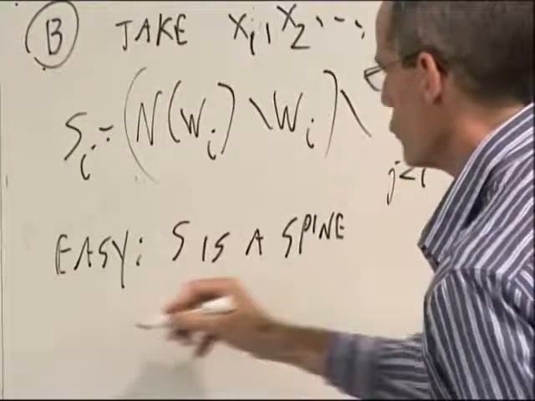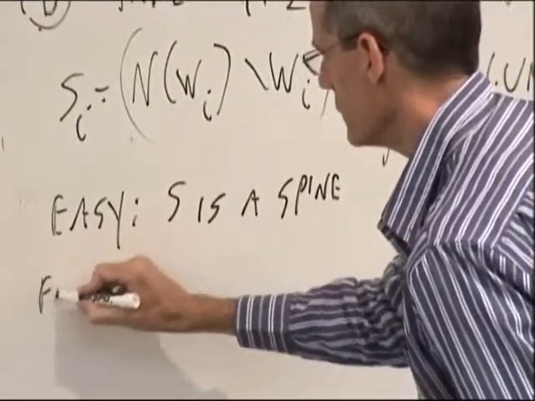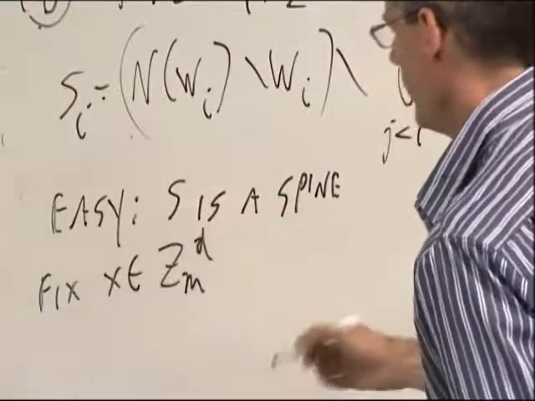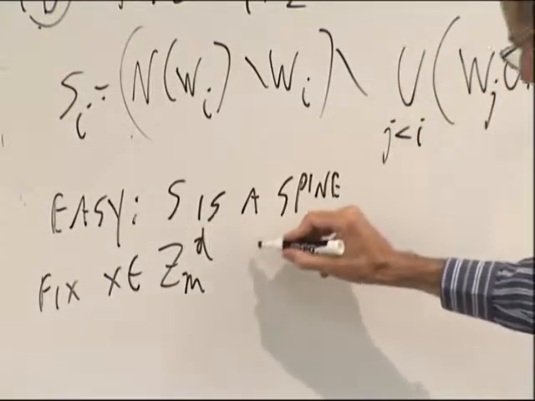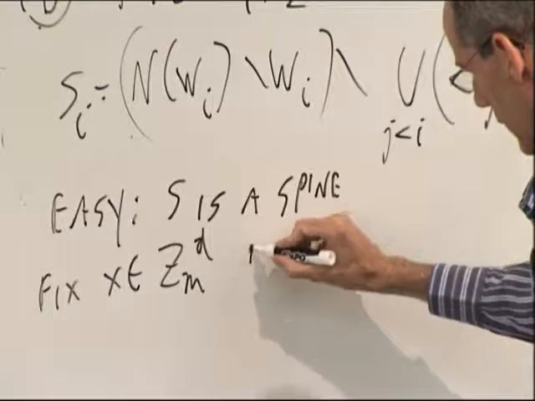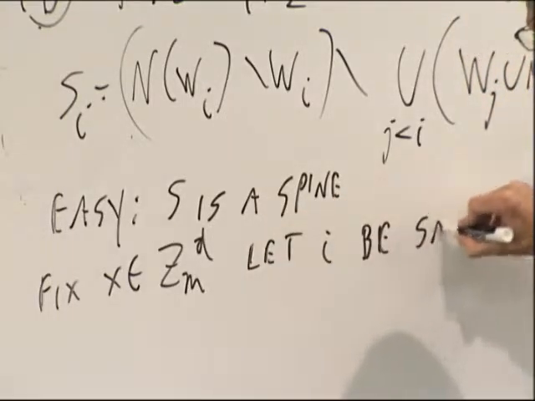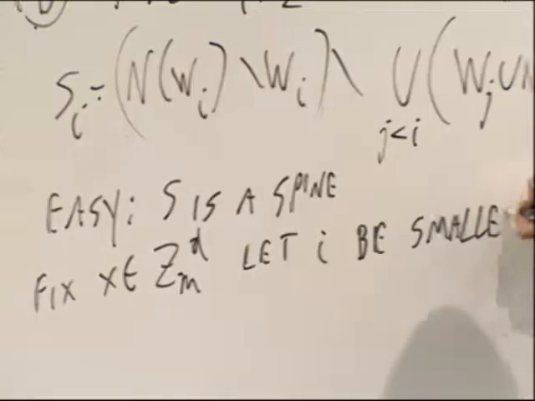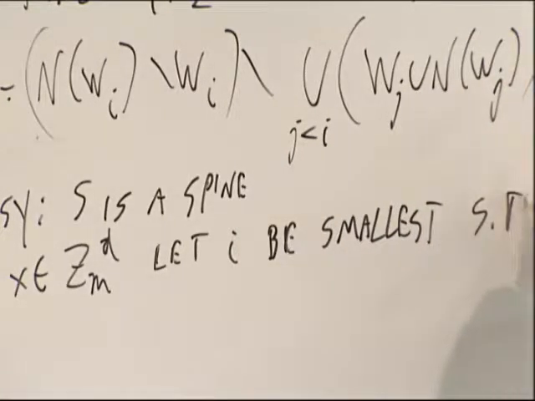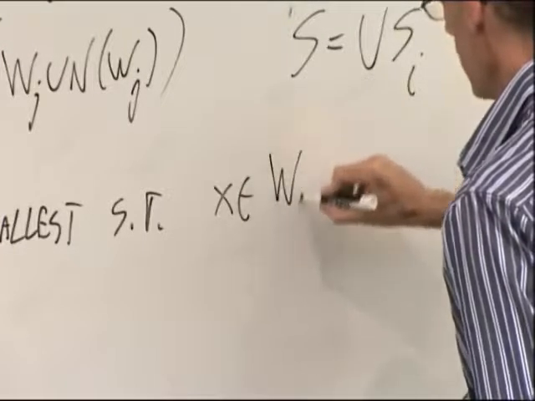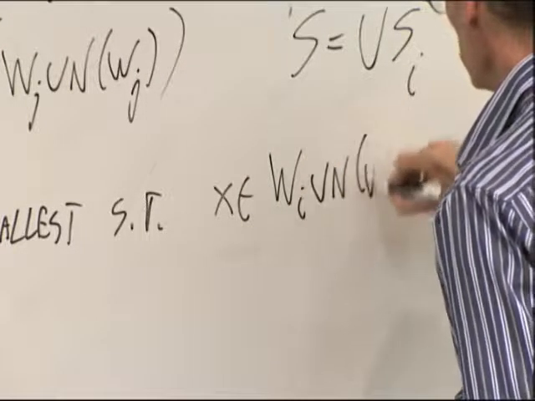And now here is a crucial fact. Fix X in the torus, in the MD. Now, let i be the smallest, the first time such that X belongs to Wi union N of Wi.